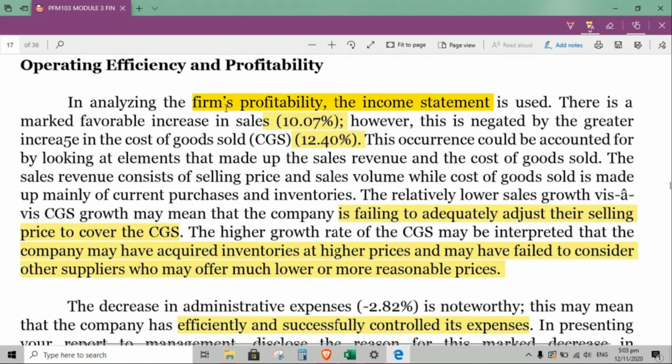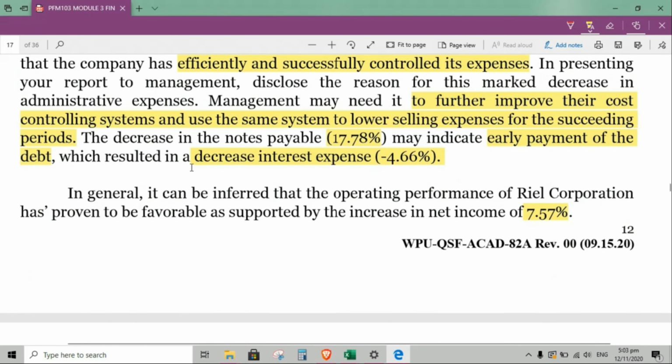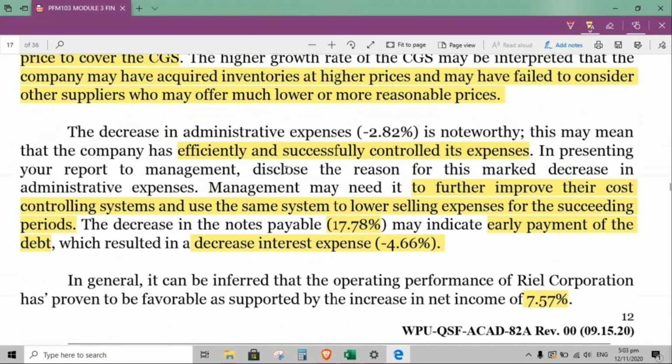Tapos, pagdating naman sa operating efficiency and profitability, kahit na mataas yung kanyang cost of goods sold compared sa kanyang sales, ay bumawi naman sila dito pagdating sa kanilang expenses. At saka, dito sa kanilang pagiging pag-manage ng kanilang mga liabilities. So, nangyari, bawi pa rin sila sa kanilang net income.